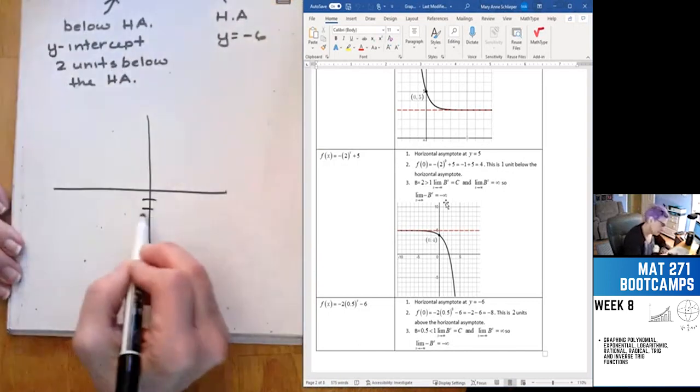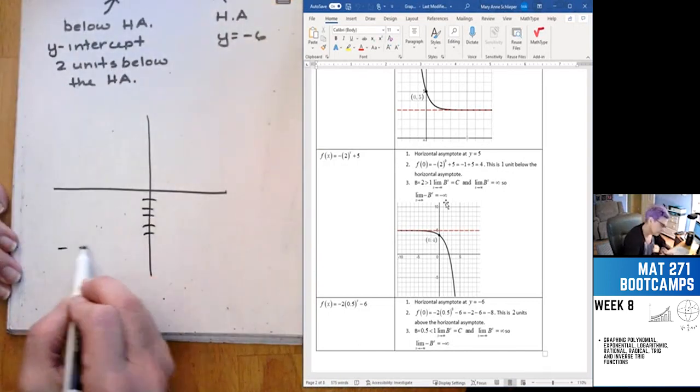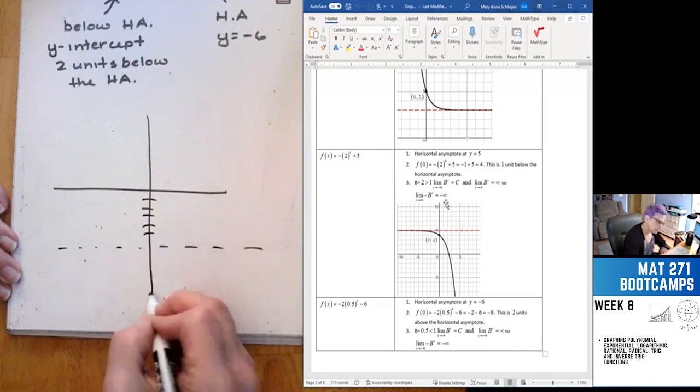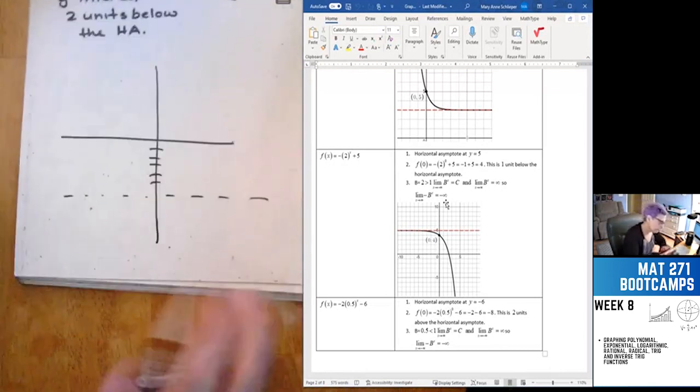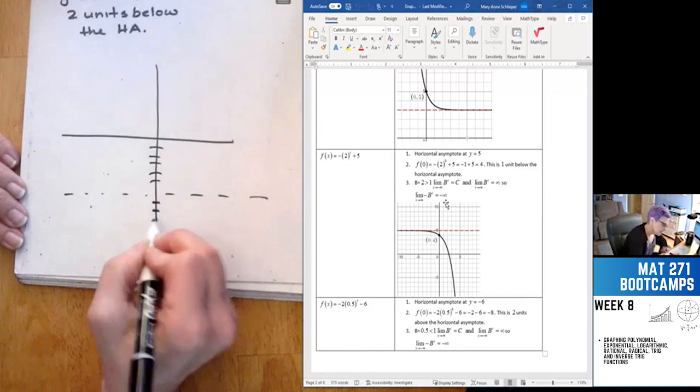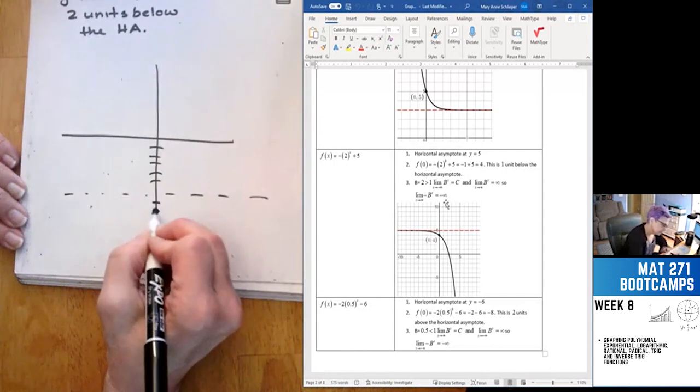Negative 6. 1, 2, 3, 4, 5, 6, so it's going to live way down here. Crosses the axis 2 units below.